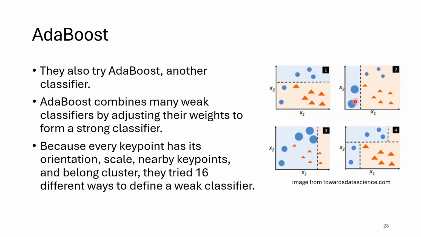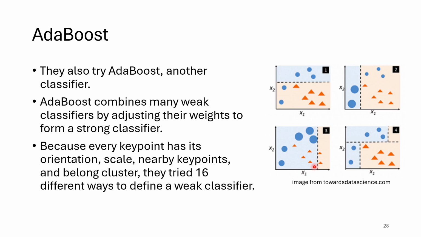As a result, the two training points are correctly classified, but three training points are misclassified. So they increase the weight of the three training examples. You can see the circles become larger. And therefore, they created a third weak classifier. This time, they will use this.